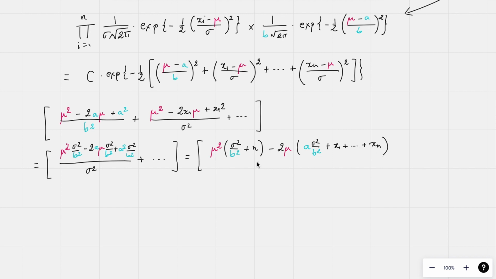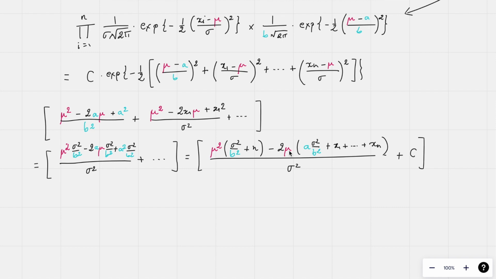And so what about the rest? Well, the rest I don't really care. So what I'm going to say is that I'm going to bring this here over sigma squared, like it is, and that there is a constant here that I'm just going to write as C, and I'm going to use very liberal notation because C is not the same as the one we had before. It's just to say that this is a constant, and by a constant I mean something that does not depend on mu.